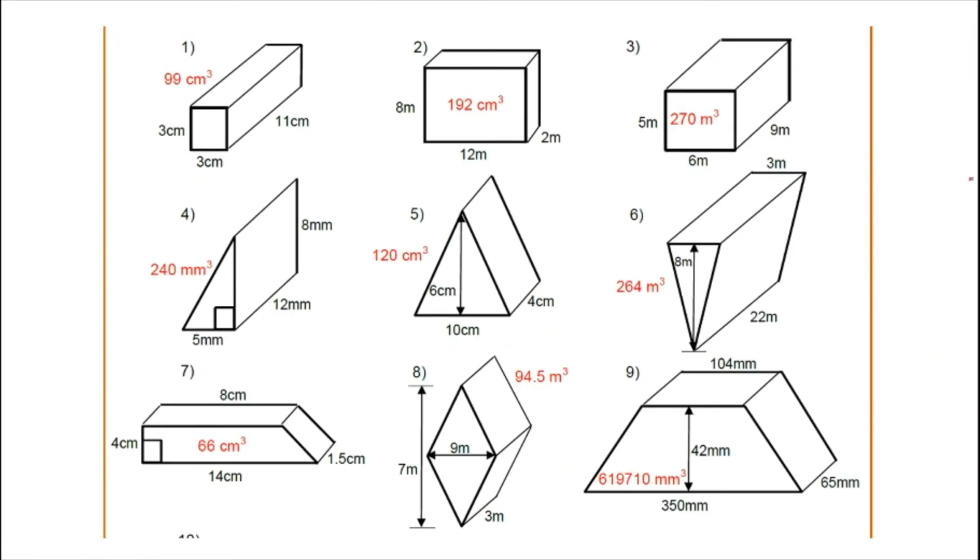Okay, here we have our answers. If you got 480 for question 4, 240 for question 5, or 528 for question 6, and you forgot that you need to half for the area of a triangle, okay, so that's why you've got a bigger number than I do. This one in 8, you could treat that as 2 separate triangular prisms, each 3.5 tall.